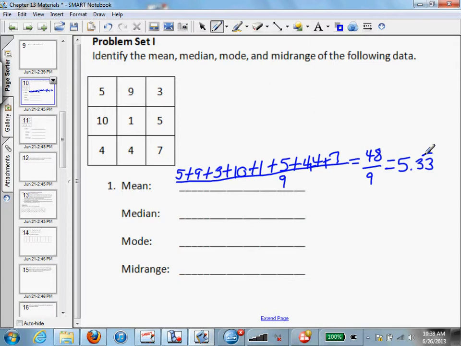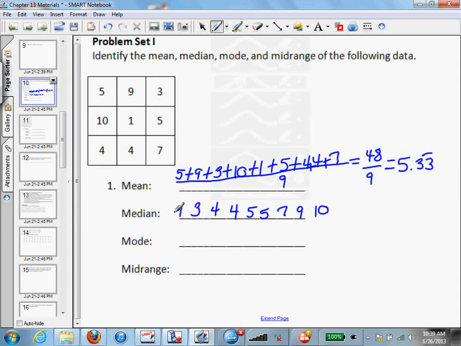The median, what you want to do is line all these up from smallest to largest. So that's going to be 1, 3, 4, 4, 5, 5, 7, 9, and 10.